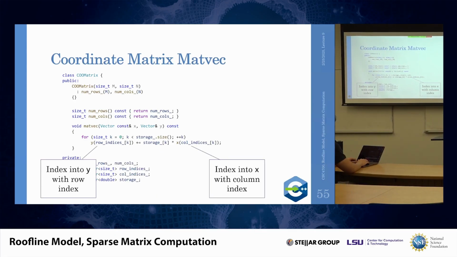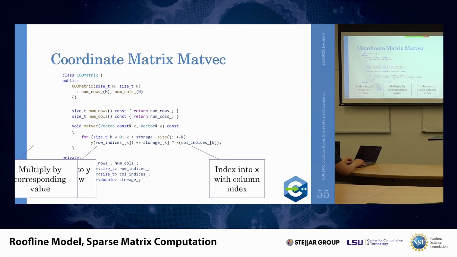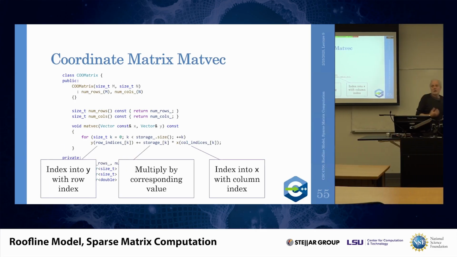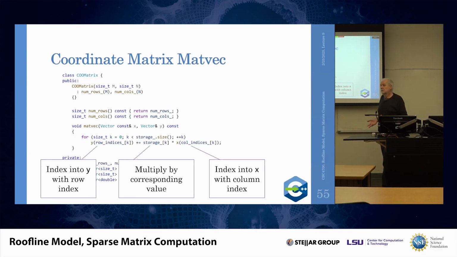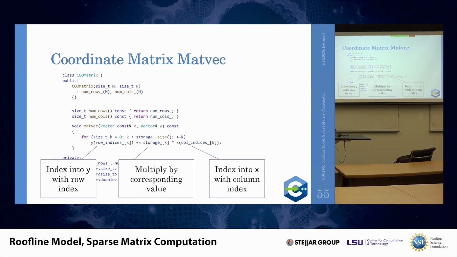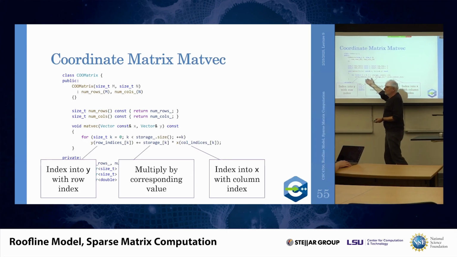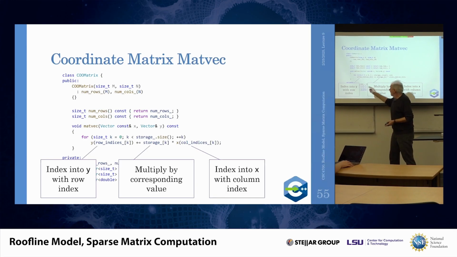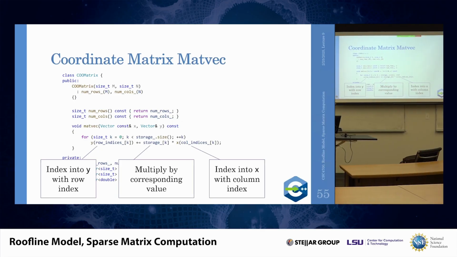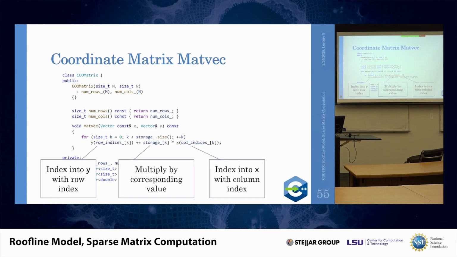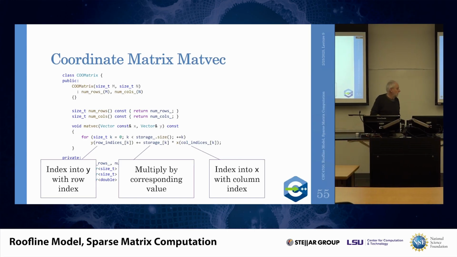We use the column index at position k as the index into x, and we use the value itself as the value of the matrix we're interested in. And that gives us exactly what we want. We have a loop that goes over all elements that are non-zero, and for each of those elements, it does the appropriate computation by using the row indices and the column indices. We store them together with a value, and we can do our multiplication that way. Okay?